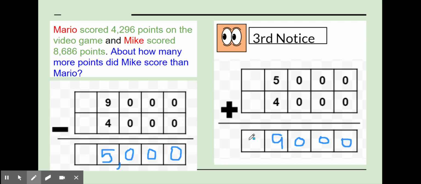So I can see that our number here and our number here are the same. So our calculation is correct. The difference between Mike and Mario's score is about 5,000 points.